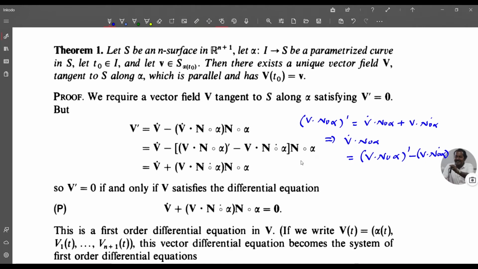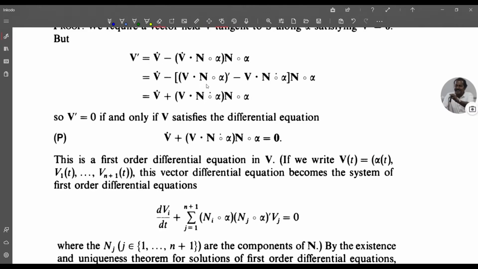Then on expanding, we will get V dot plus (V dot n composition alpha prime) into n composition alpha minus (V dot n composition alpha dot) into n composition alpha. So we have this differential equation.